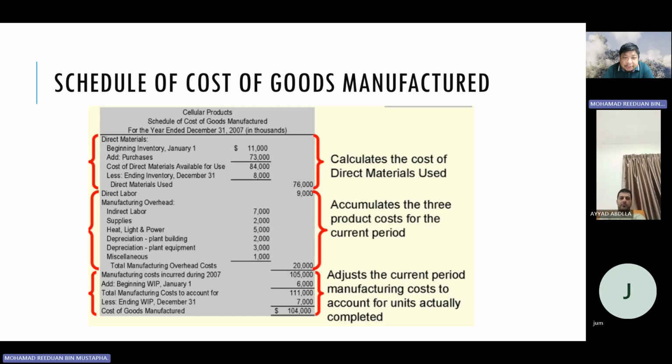Okay, if you look into these statements, the schedule of cost of goods manufactured, this is for the period ended December 31st, 2007. It's just a period, just examples.